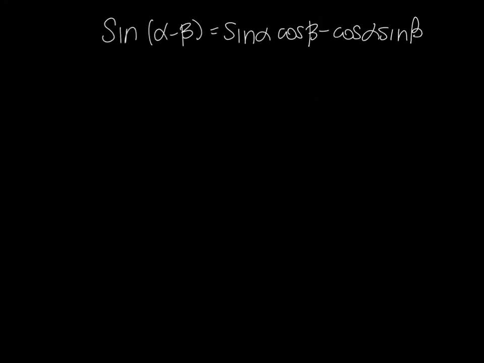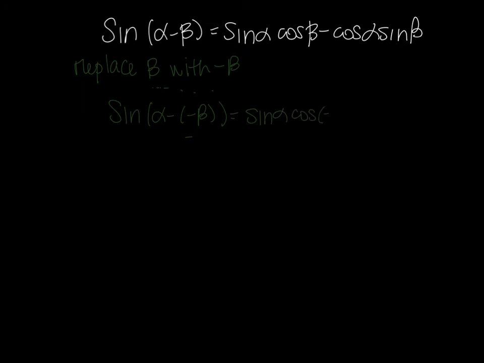Finally, we're going to work on the last of the cosine and sine sum or difference formulas, and it's the same as we did in the beginning. We now have the sine of alpha minus beta, but we need to replace beta with negative beta, so we get the sine of alpha minus negative beta is equal to the sine of alpha times the cosine of negative beta minus the cosine of alpha times the sine of negative beta.